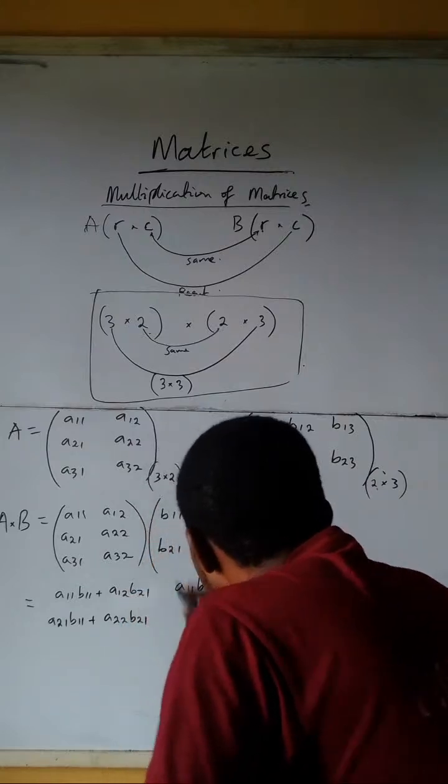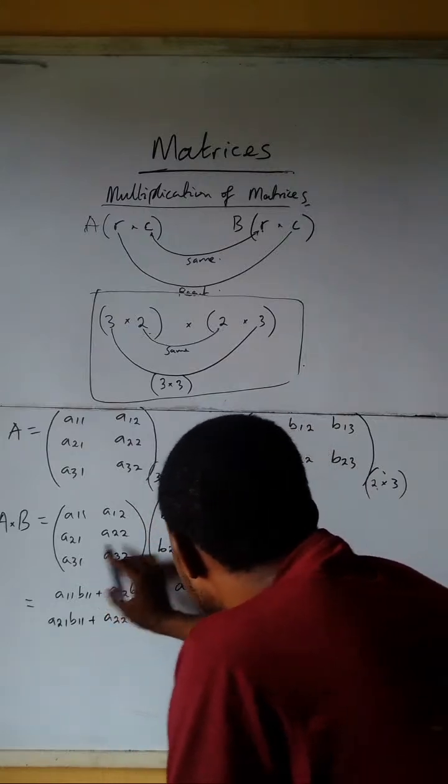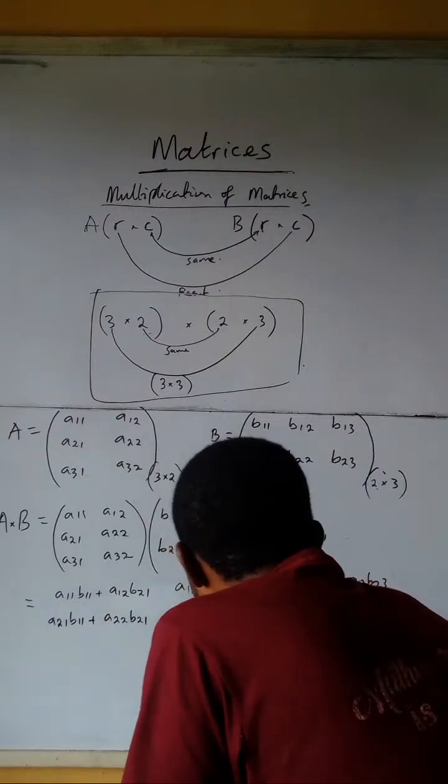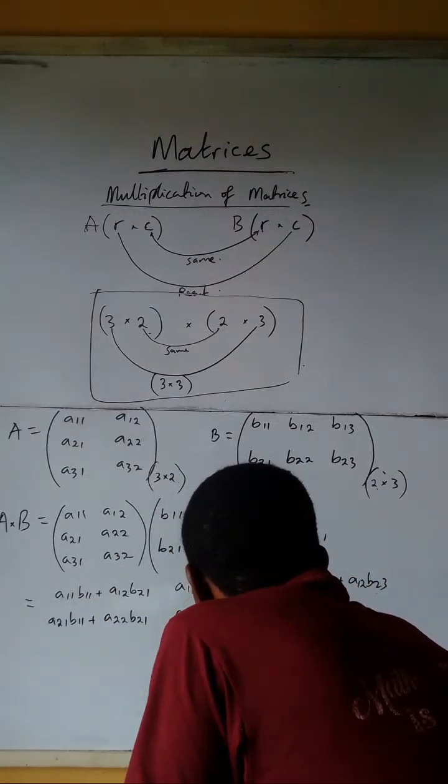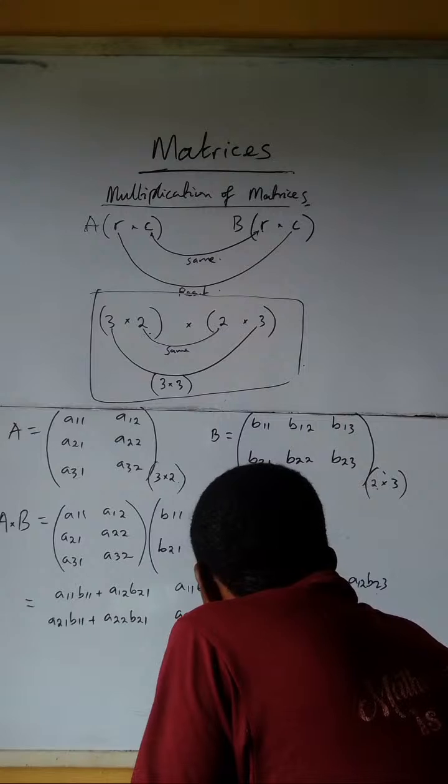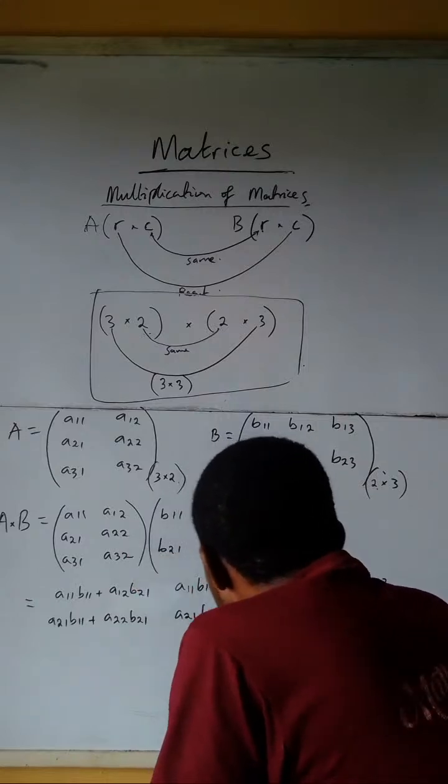So we are done with this first column. Also, we repeat the same thing here for the second column. That's A21 times B12, then plus A22 times B22.